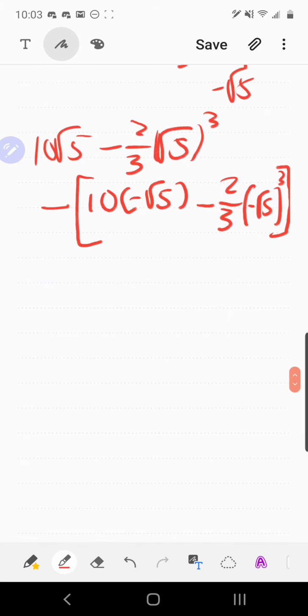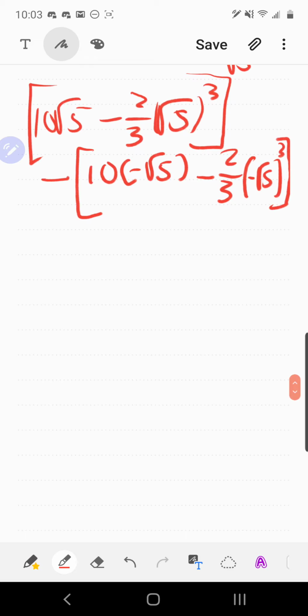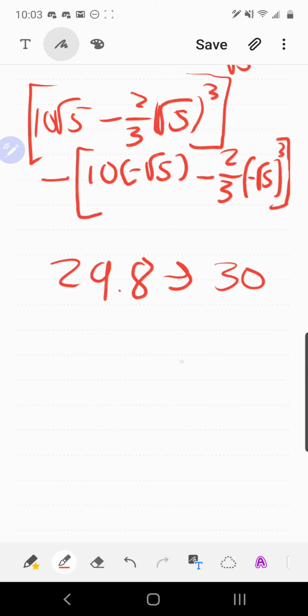Okay. So we do some algebra here. What we come out with is around 29.8, which is most closely related to the answer choice corresponding to 30, which is C.